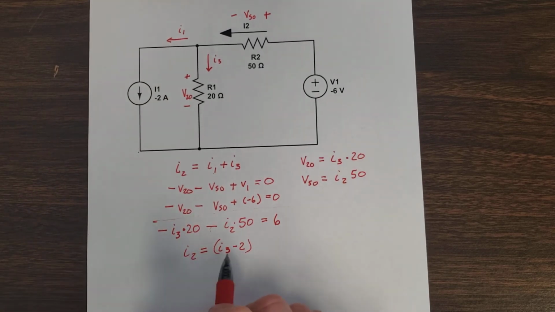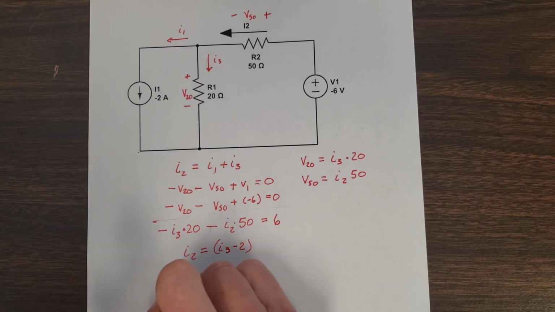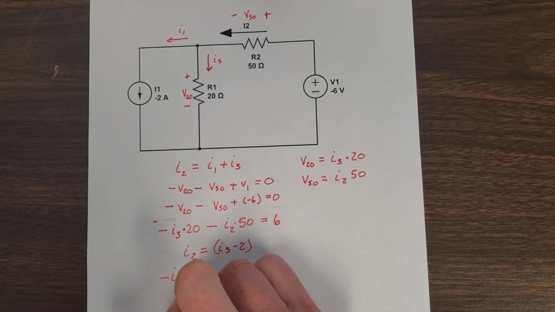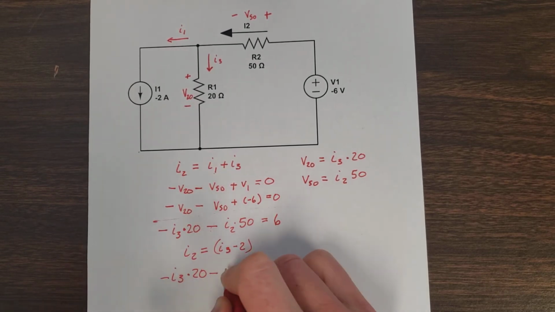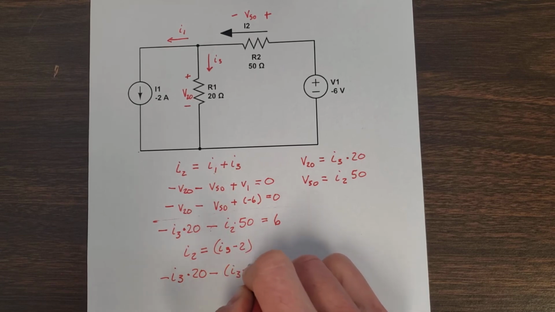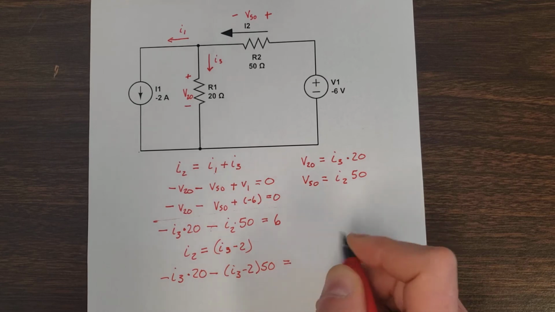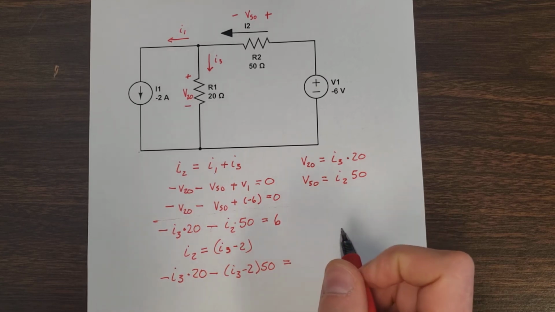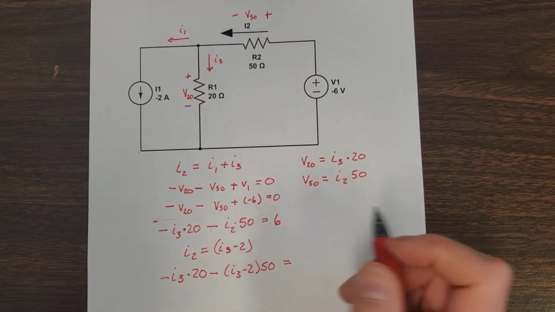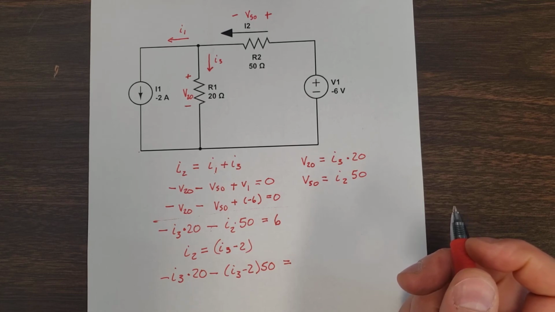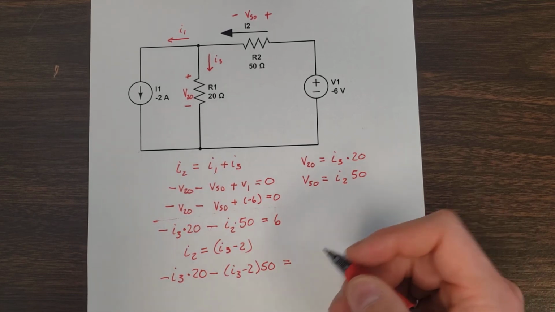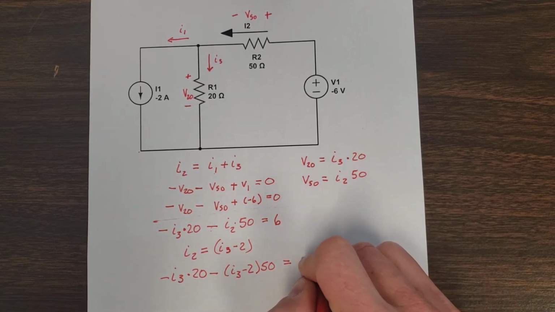We can go ahead and put the I2 in here. So we've got minus I3 times 20 minus I3 minus 2 times 50 equals 6.